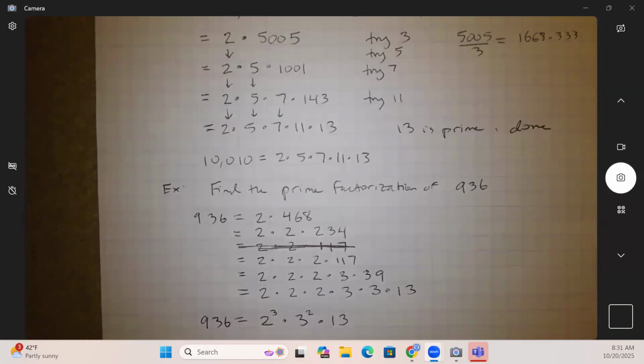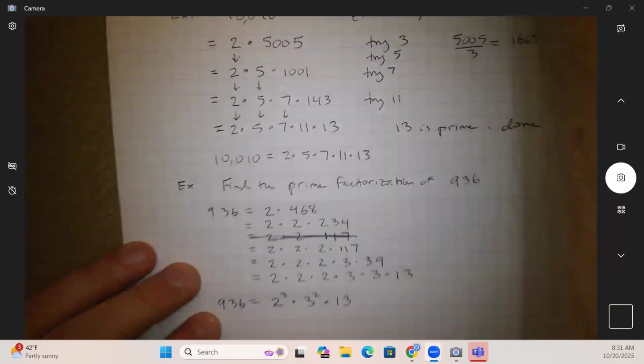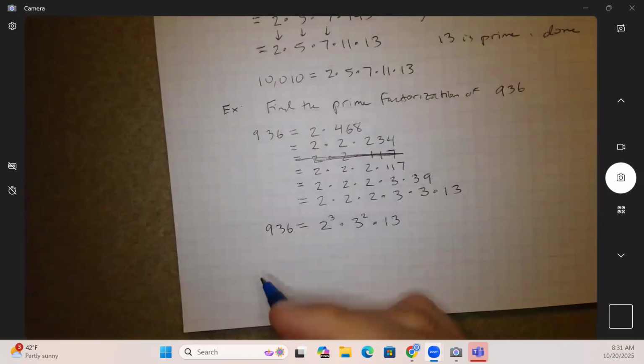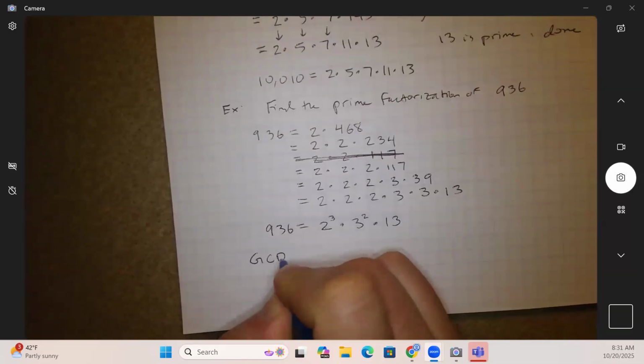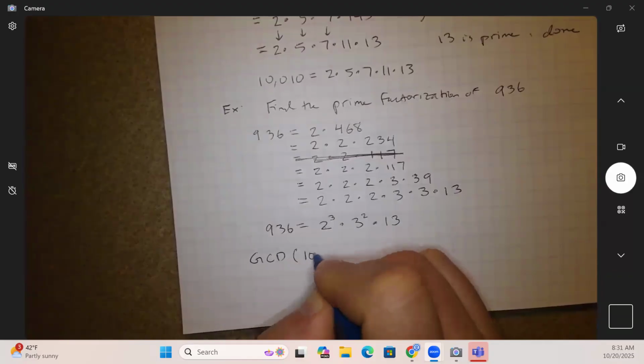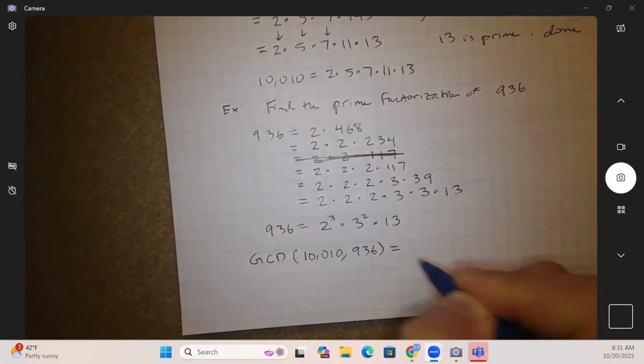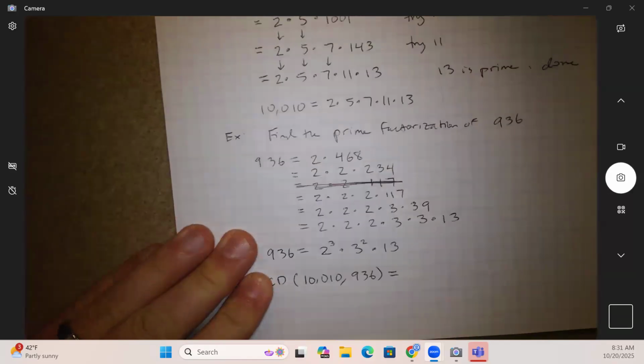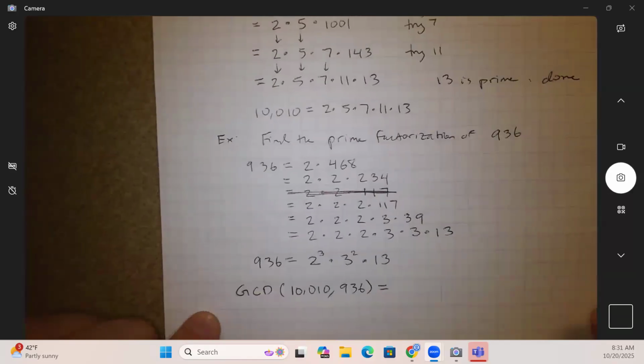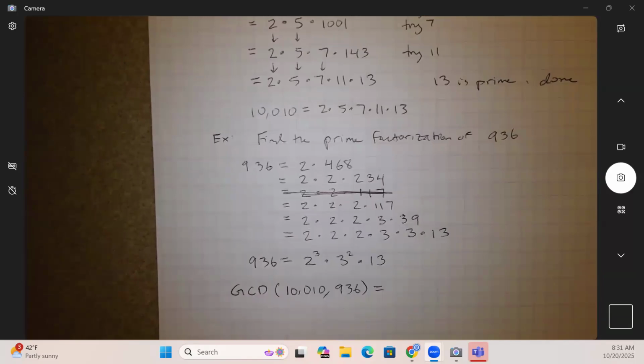All right, I have a question for you. What's the greatest common divisor of 10,010 and 936? Close?